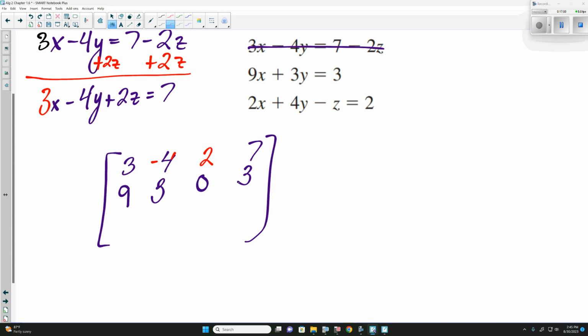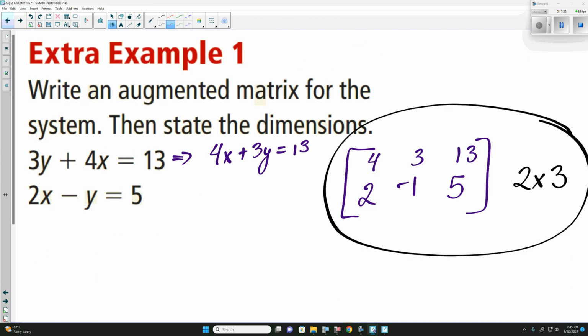The caveat I will add to this is that that variable has to appear in the other ones at least once. We have this here because z showed up in not just one of the other equations, but two of them. We need it in all three. Now, if I go back to the previous one, in either equation did we have z?